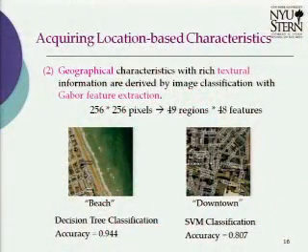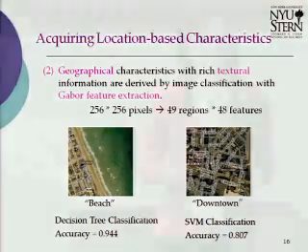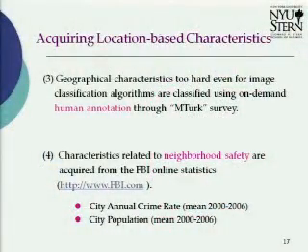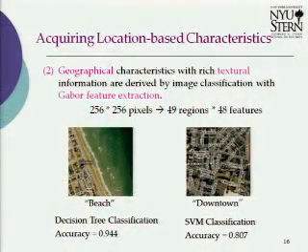And for geographical characteristics, for example, beach or downtown, we notice that it's very hard to use the mapping service to acquire these characteristics by using local search query. We can't search beach or downtown, so we can't directly use the local search.